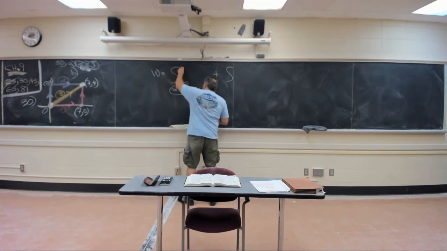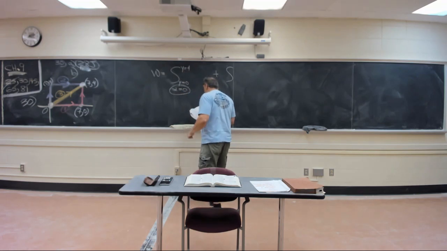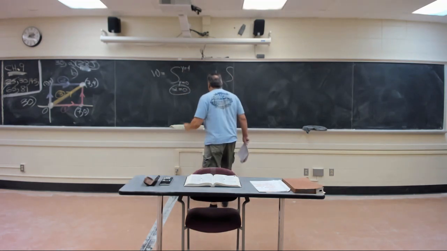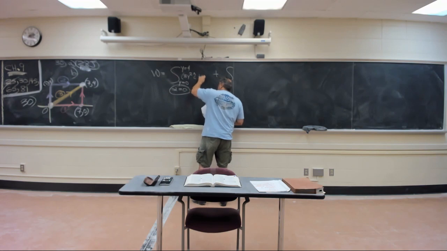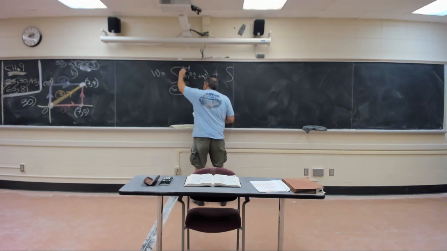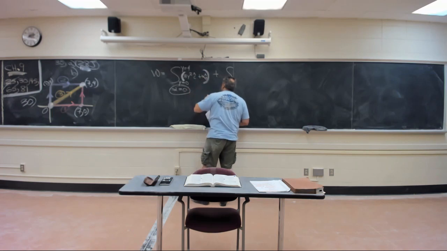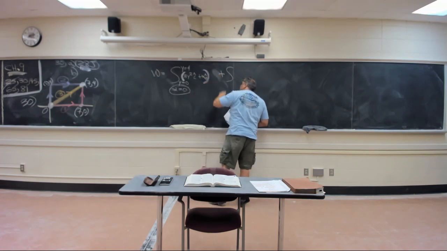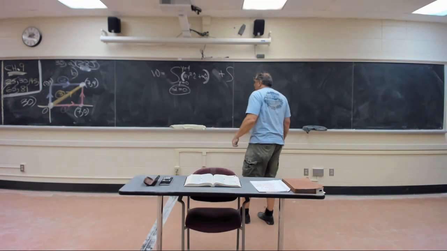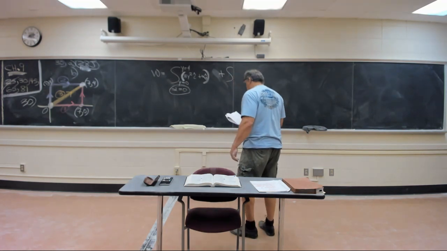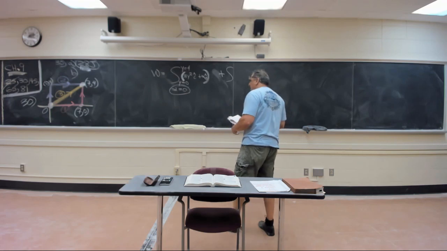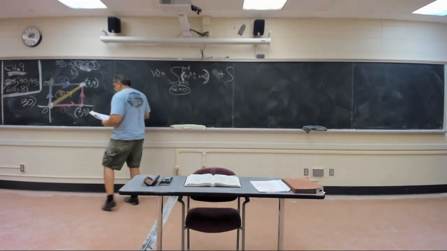You go y equals 0 to y equals 4 of 3y squared i plus xj, which we already said, dot dx i hat plus dy j hat.